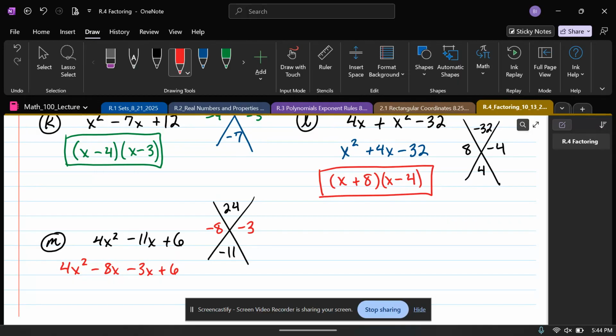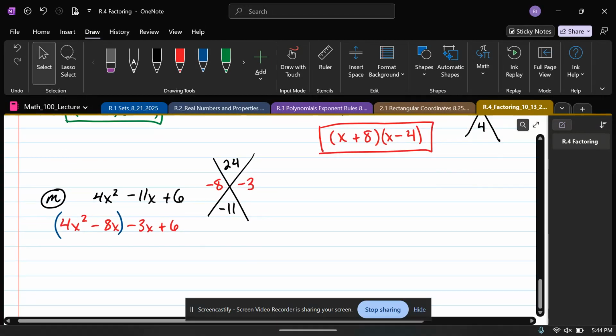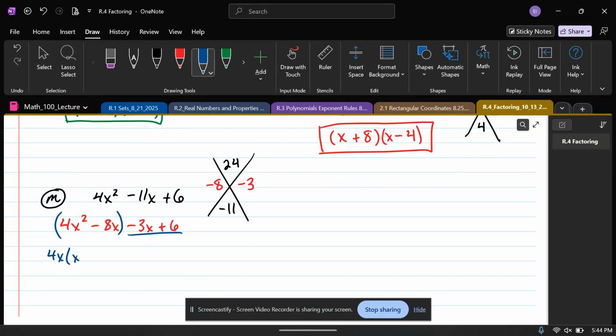So we're going to group the first two together. What's the GCF of the first group? 4x. What's that leave in the parentheses? x minus how much? 2. Yeah, be careful there. And then what comes out of the second pair? Negative 3. Yeah, that minus sign. Remember that the sign in the middle right there should be the sign of your GCF that you pull out.